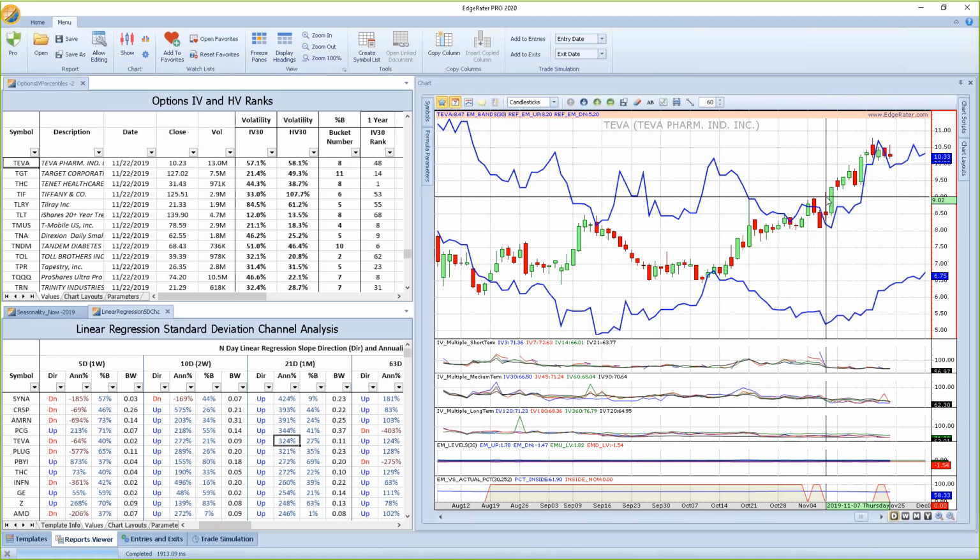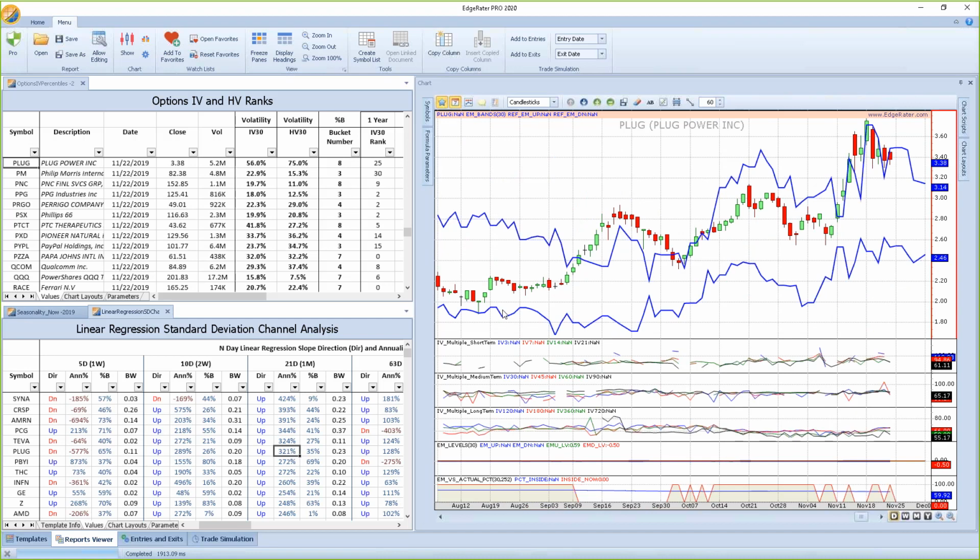PLUG, I think, has had a good move. Next one down. So again, it looks like it went out just below $3, and it's currently at $3.38. Kind of a play on 5G, say.